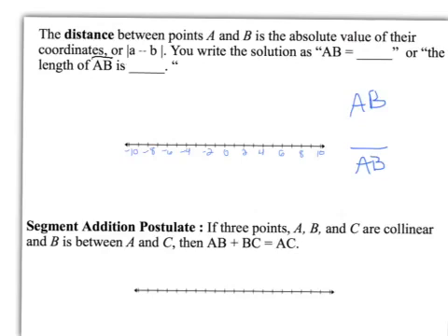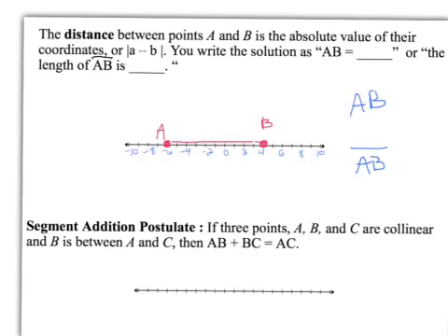So let's say we have a point on the number line at -6. This is our A. And we have a point on the number line at +4. This is our B. So this is line segment AB, and we want to find out the distance between those 2 points.